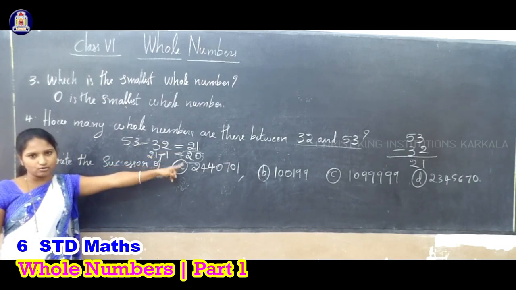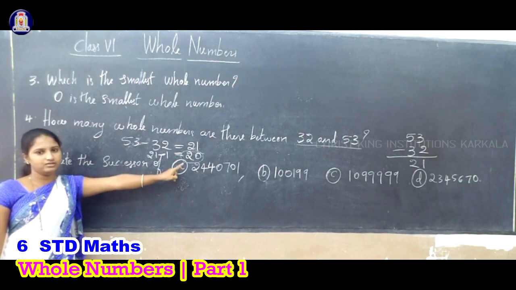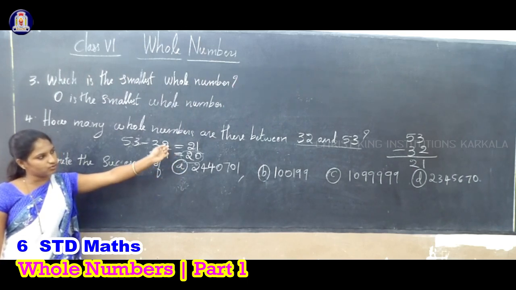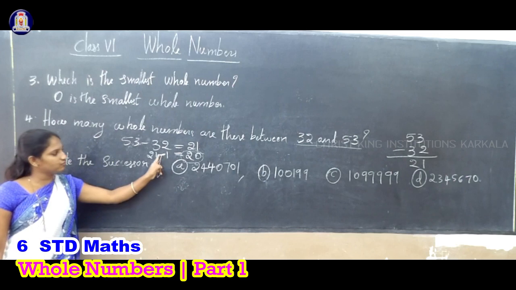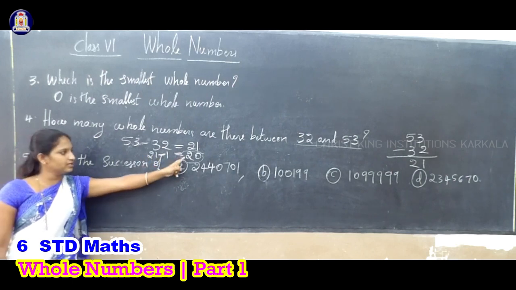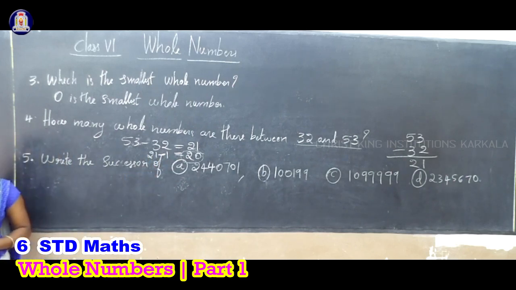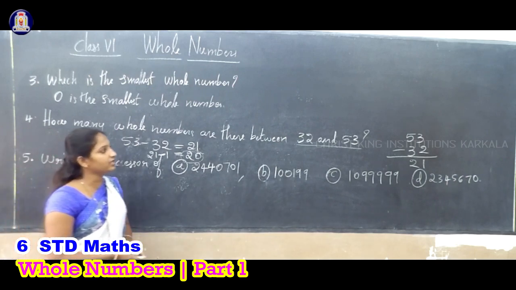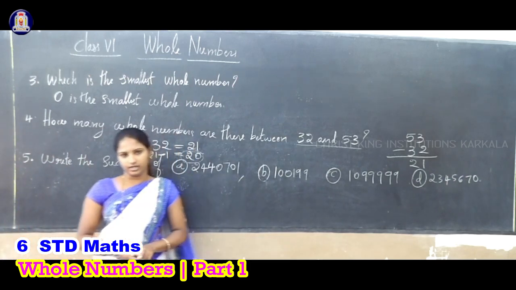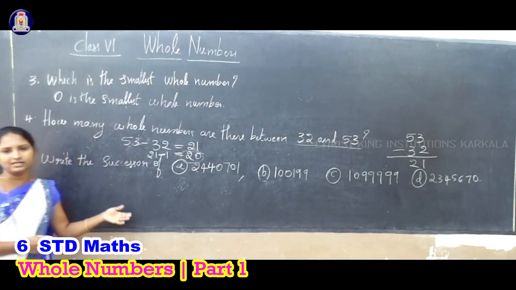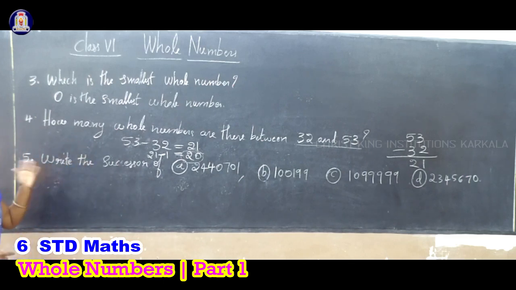So there are 20 whole numbers between 32 and 53. If you want, you can count and check. So that is 20.